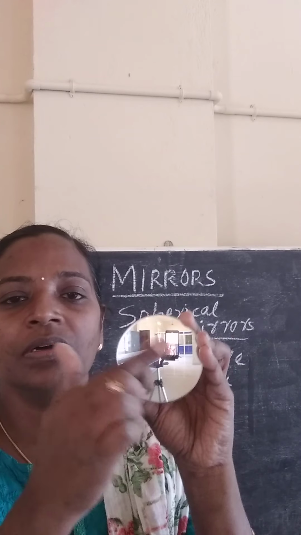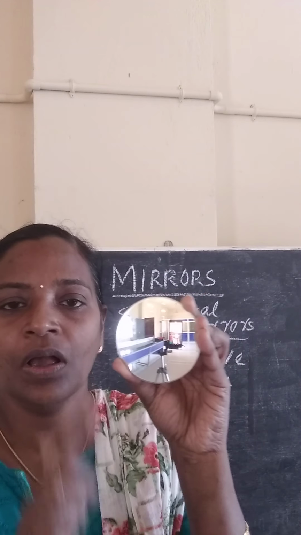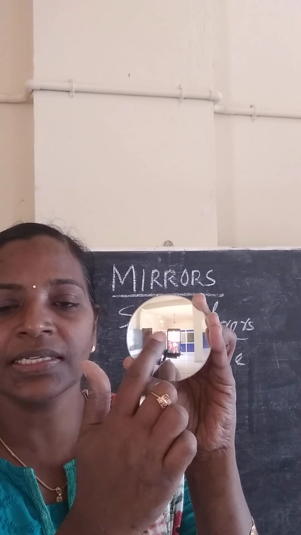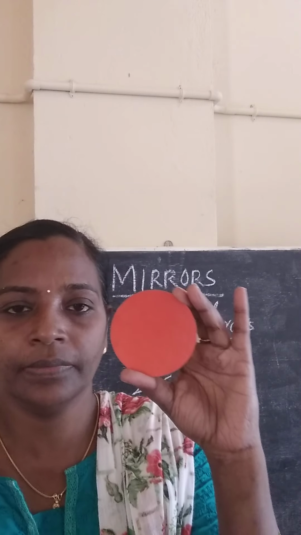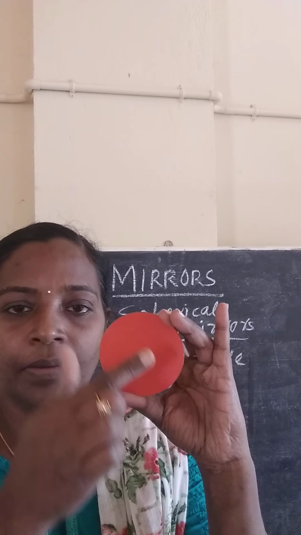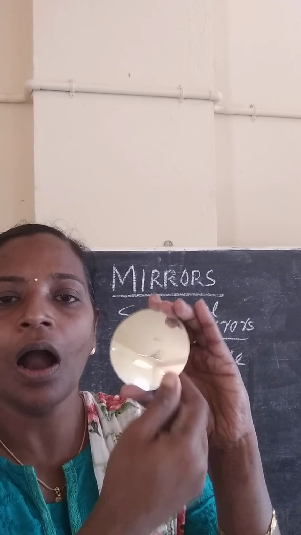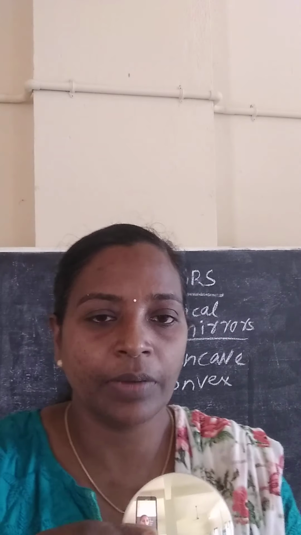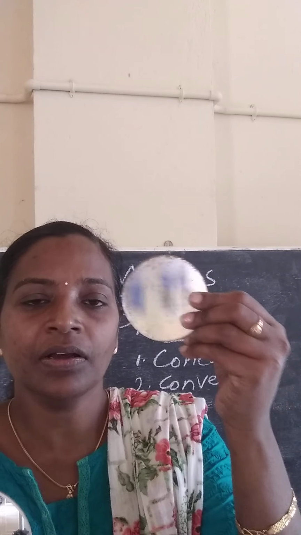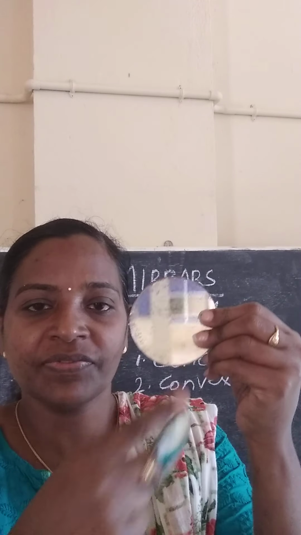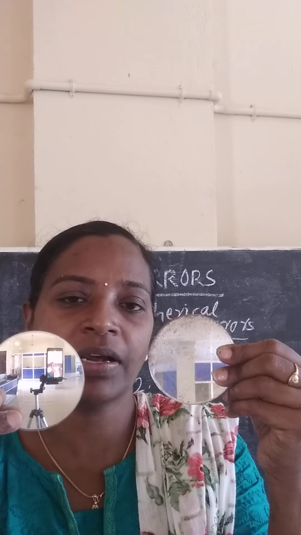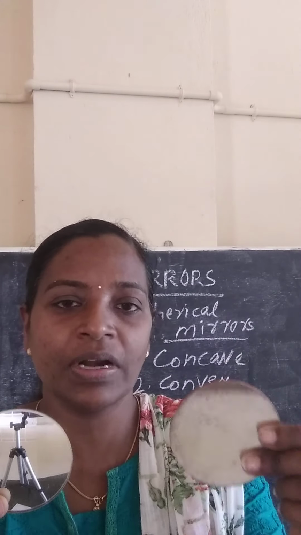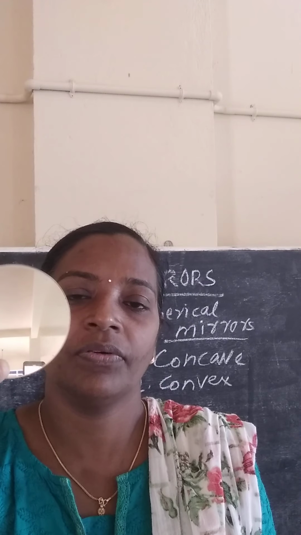This bulging out surface is the reflecting side, and the non-reflecting side is the bending-inwards side. So these are the two types of mirrors. In a concave mirror, the bending surface is the reflecting side. In a convex mirror, the bulging out surface is the reflecting side.